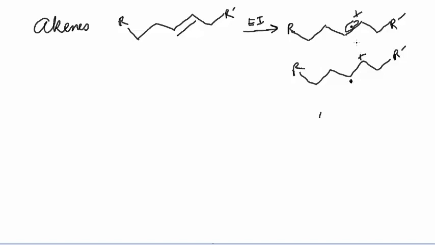Designation of alpha and beta, remember, is that you locate first the odd electron. The carbon next to that is called the alpha carbon. The next carbon over is called the beta carbon. Now, in principle, we could go either direction, marking alpha or beta. Here we want to go away from the positive charge. So I'm going to designate this carbon as alpha and this carbon as the beta carbon.